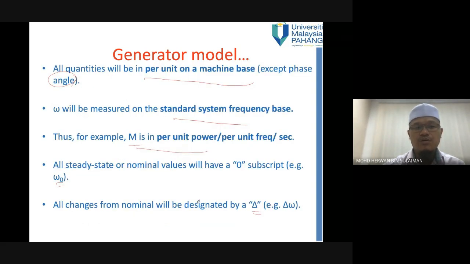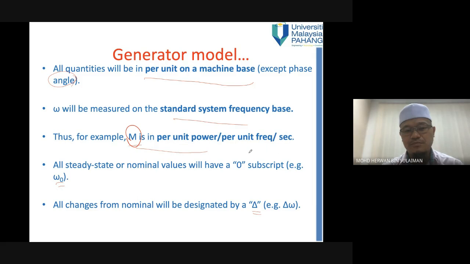Okay, basically all quantities are per unit on the machine base. Normally your angle is in degrees, but everything we measure or calculate is in per unit. Okay, and then your omega we measure on the standard system frequency base. Thus your M is per unit power per unit frequency per second.